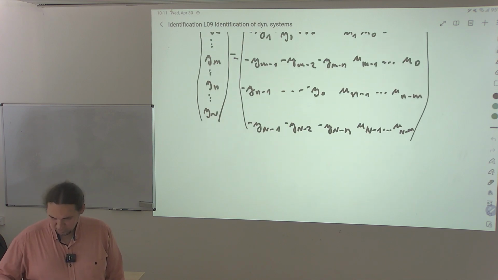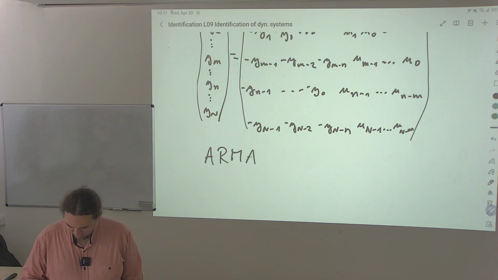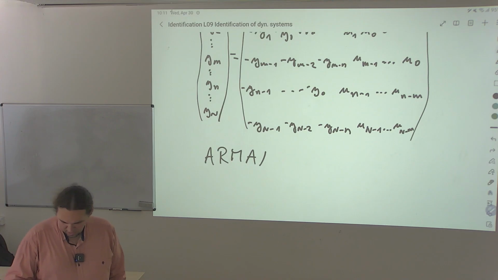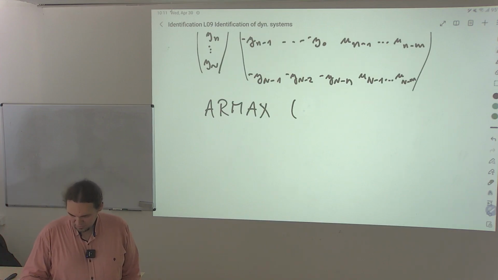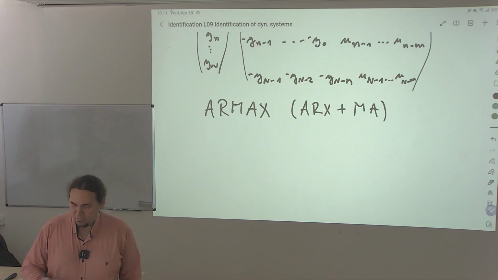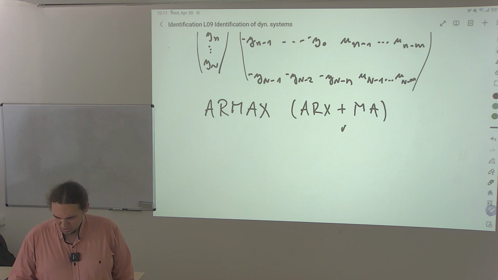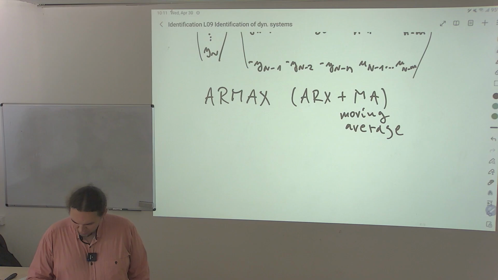One more interesting model is an extension of the ARX model, the so-called ARMAX model. So it will be a combination of ARX and something which is called MA, and this MA is just moving average. So the whole name would be what?